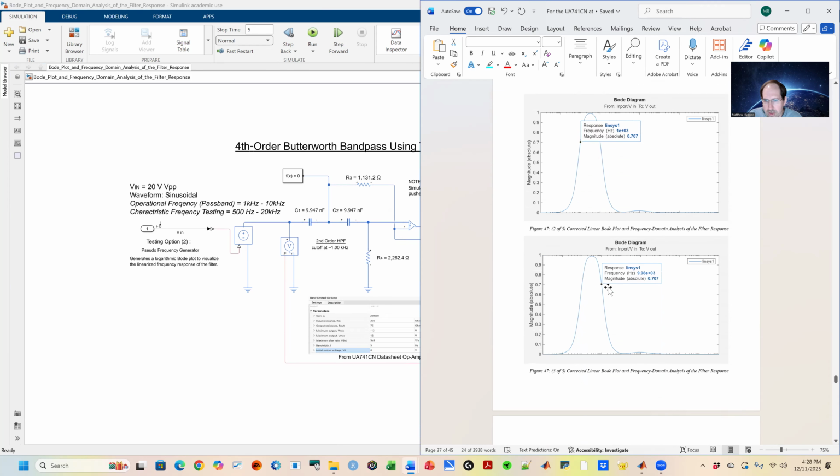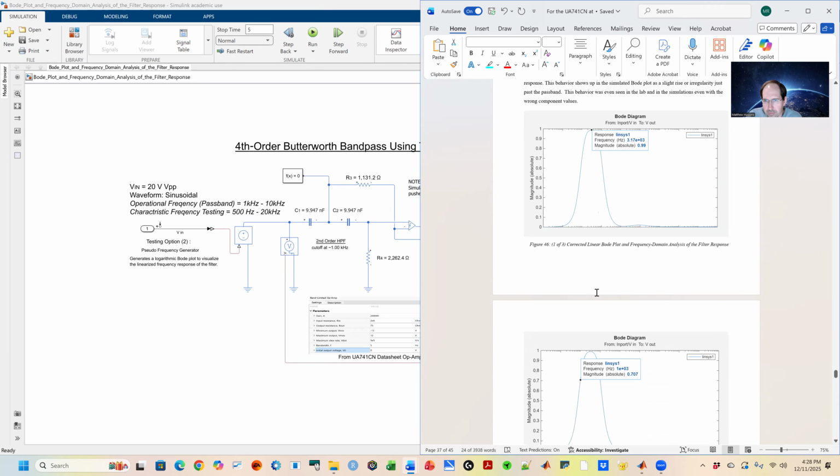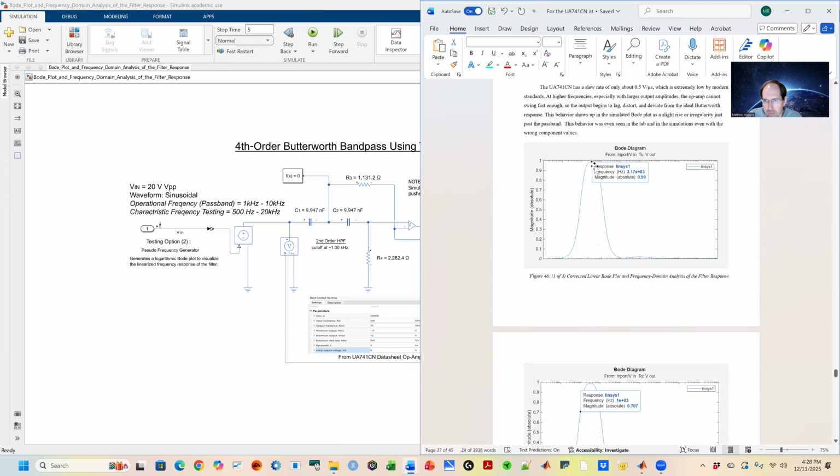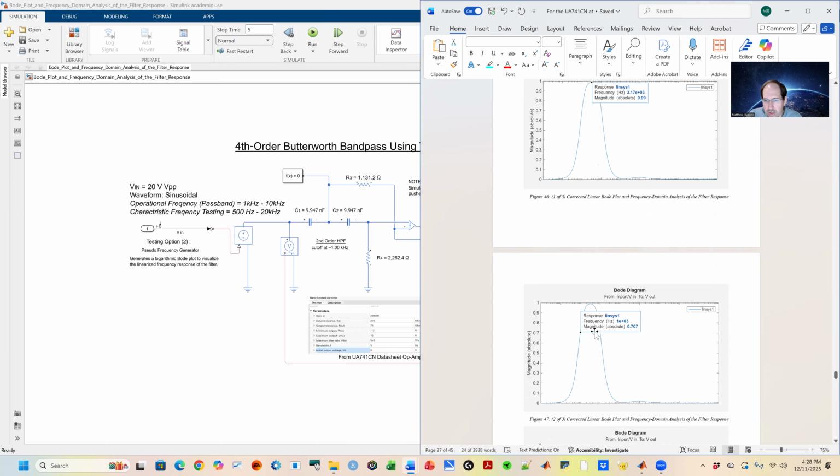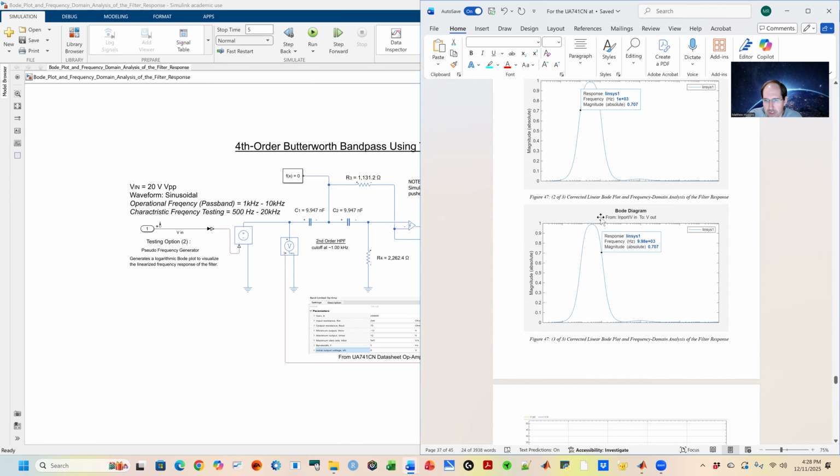Or you can take your mid band magnitude and multiply that by 0.707, and it'll give you these 2 points, which are your upper and lower cutoff frequencies. That's how you can test to see if your circuit is working properly.